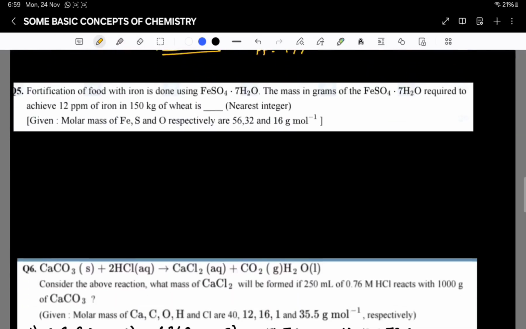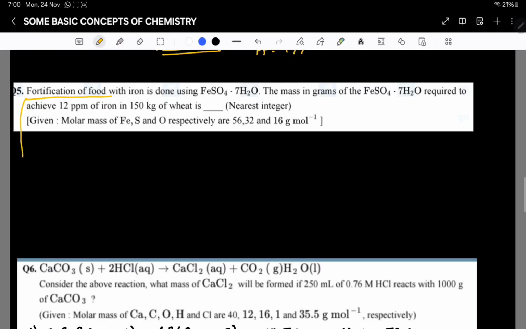Next, student, fortification of food with iron is done using FeSO4.7H2O. The mass in grams of FeSO4.7H2O required to achieve 12 ppm of iron in 150 kilogram of it, right? Okay. So first of all, student, what is meant by fortification of food?